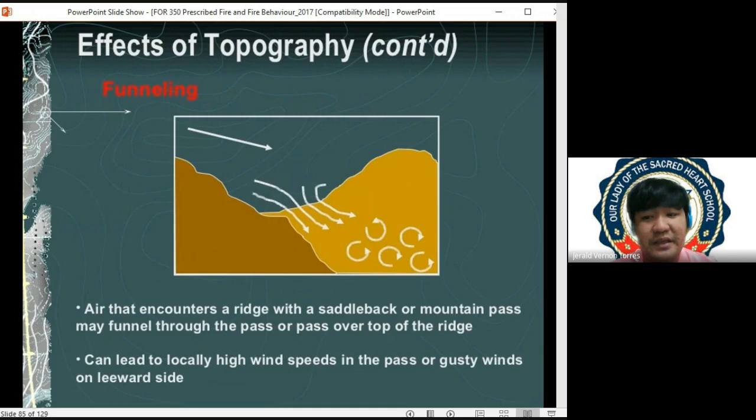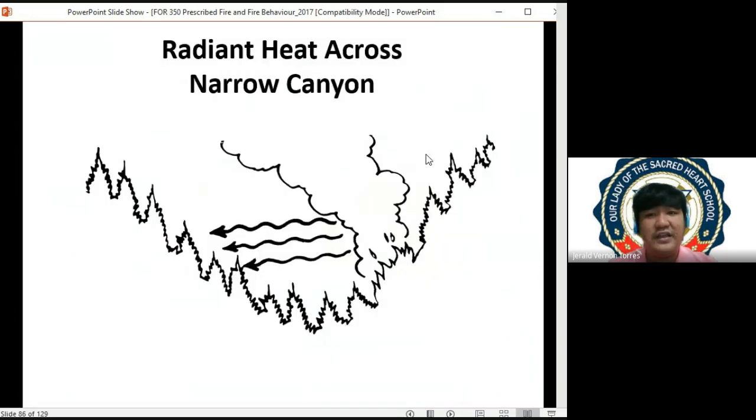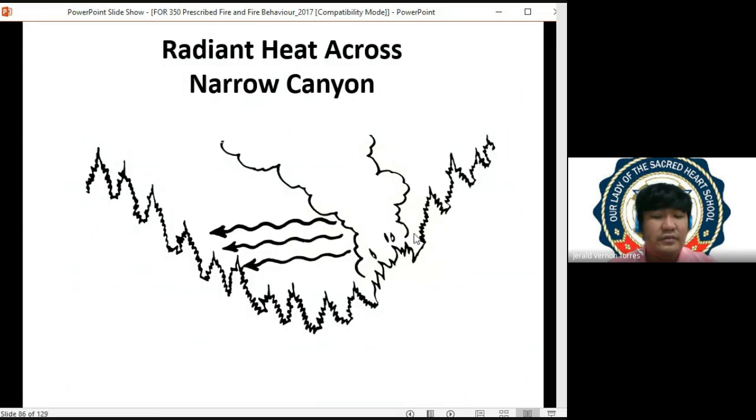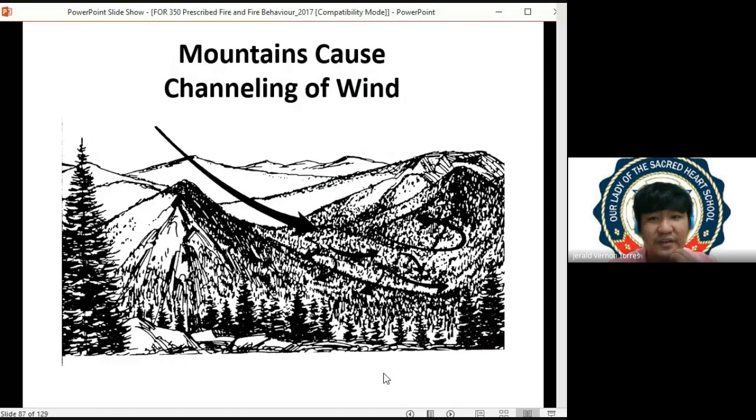Sa funneling naman, it can help you determine ano yung magiging changes doon sa dynamics ng fire natin. And in this case, yung naging turbulent siya after passing in the middle, we would expect na greater yung intensity ng fire natin. Ayan, this is an example kung saan saddleback siya. So we would expect pag cross dito, magkakaroon ng intensive fire.